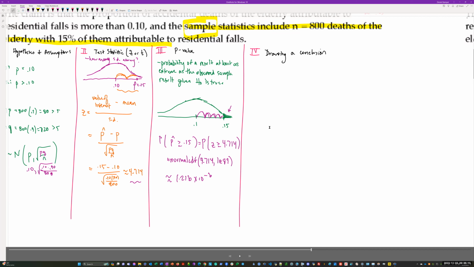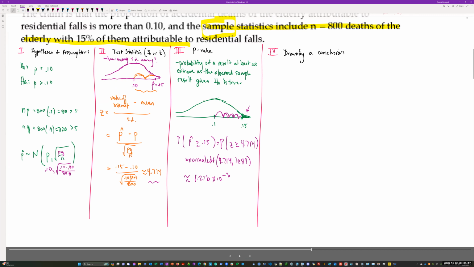All right, now we have to draw a conclusion here, right? So how are we going to draw a conclusion? What would you say based off of this? What conclusion should we be drawing? Why? So the thing is, you shouldn't just see events that are 1 in a million chance all the time.